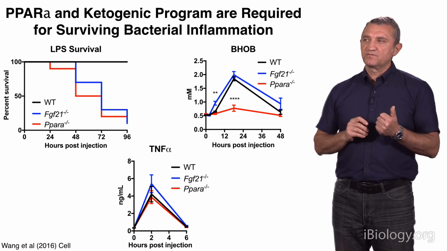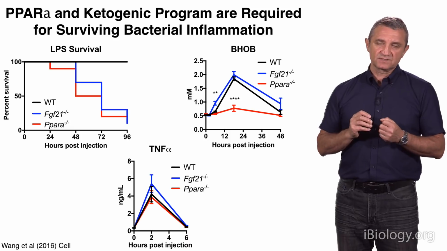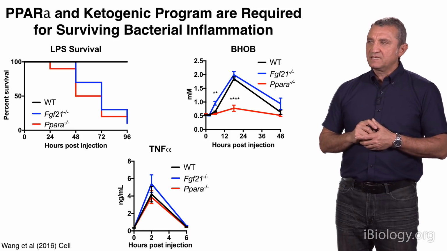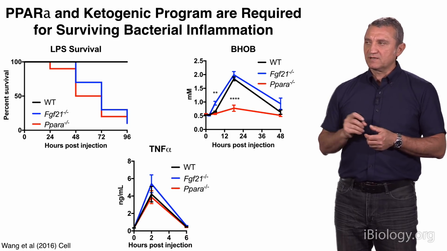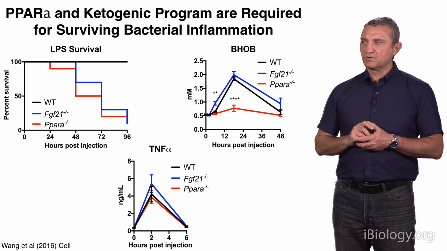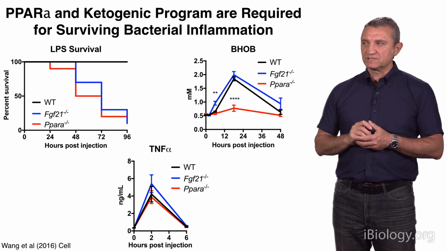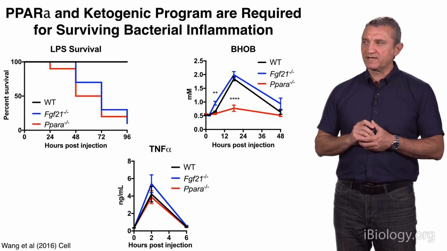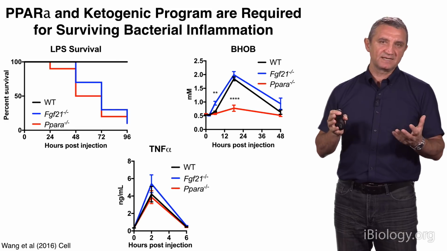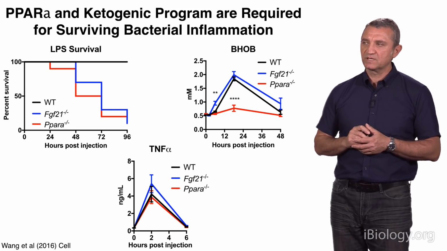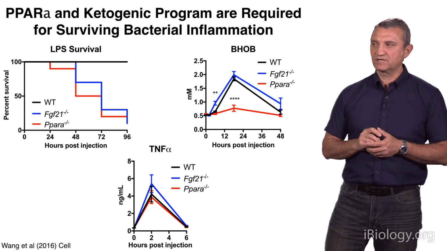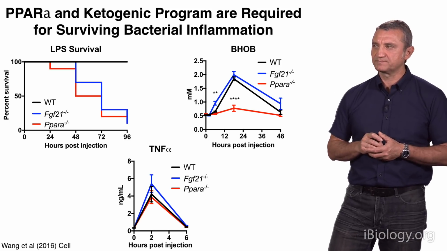That suggests that both FGF21 and PPAR alpha are necessary for survival. In the absence of PPAR alpha, on the right panel, you can see that there is no production of beta-hydroxybutyrate. But the level of inflammation in all three conditions was the same. As you can see in the lower panel, the level of TNF in the serum in all three mouse strains was the same.